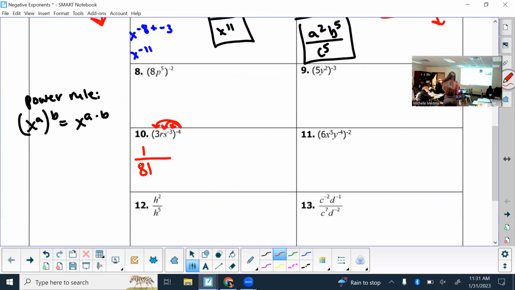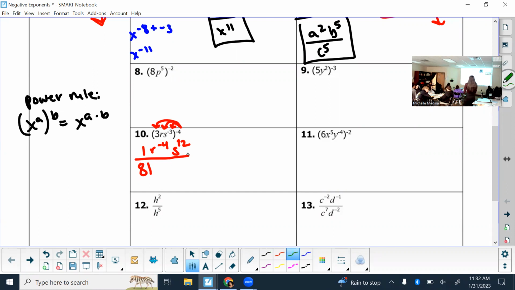And then I have r to the 1 times -4, which is, what's 1 times -4? Good, -4. And then s to the -3 times -4. What's -3 times -4? And it's a positive 12. All right, are we finished? No, because we have a negative exponent in our answer, so that needs to move.